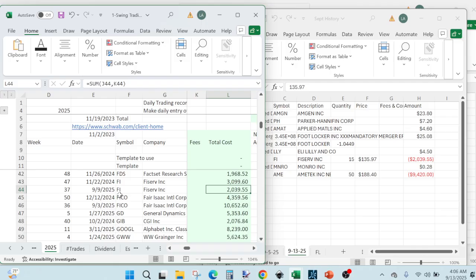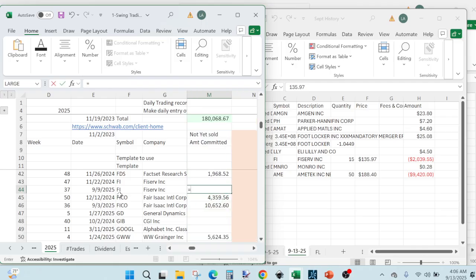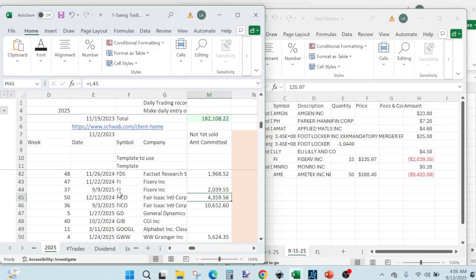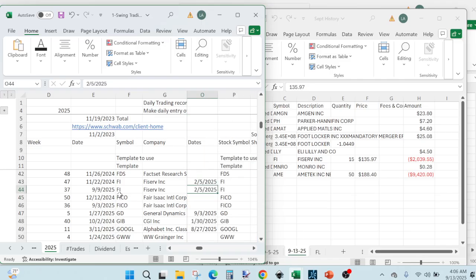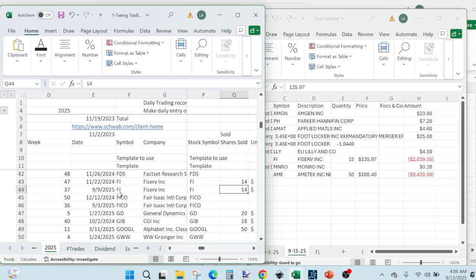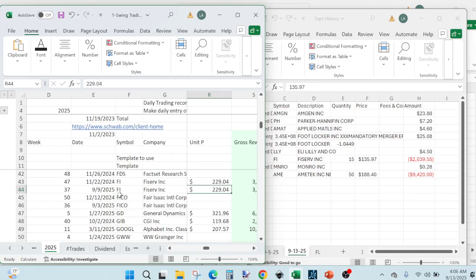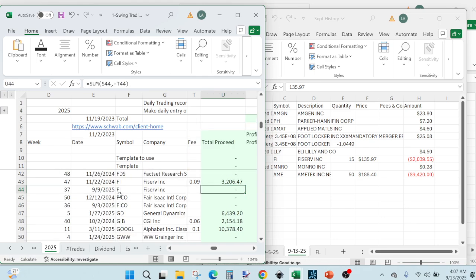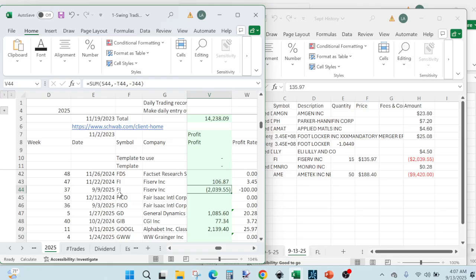I'm going to put there that we committed that amount, and I'm going to clean the sell section of it since I copied that information, so that it does not skew my report on other sheets and show me a negative profit when I have not sold it yet.